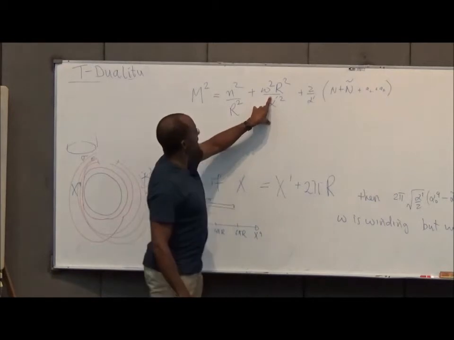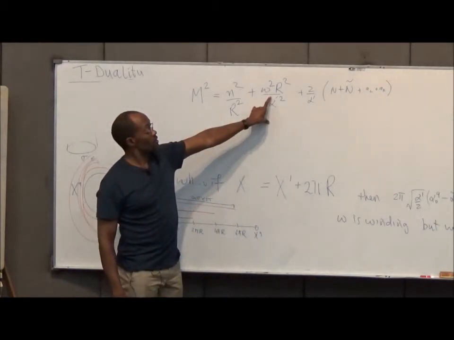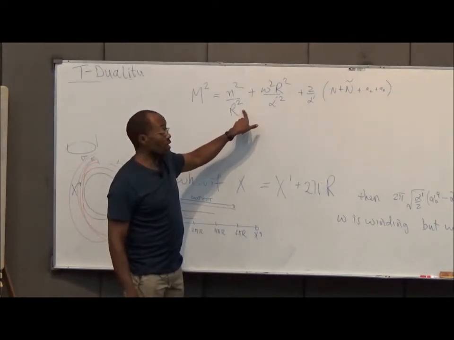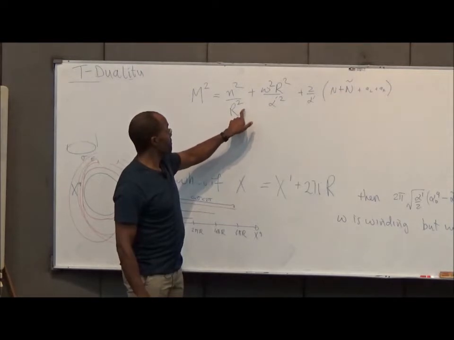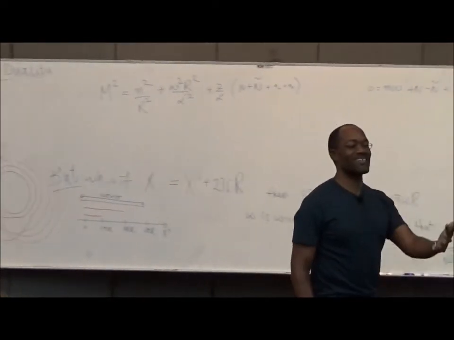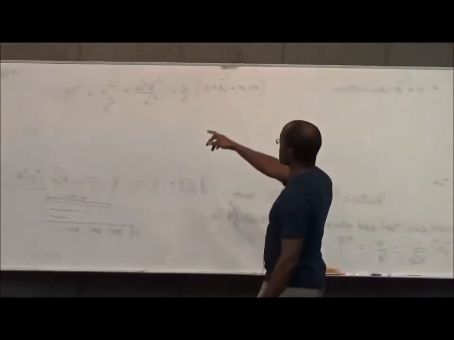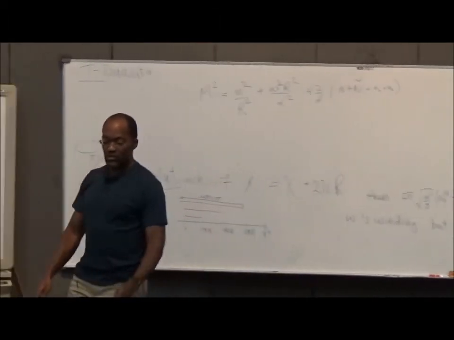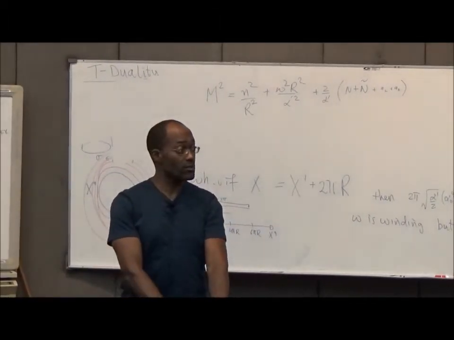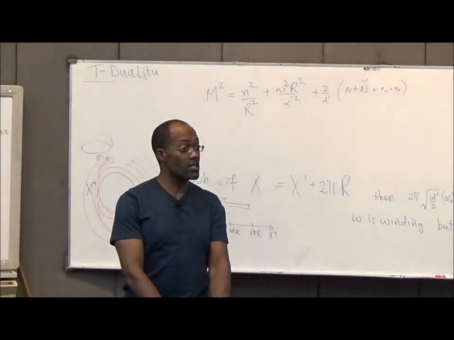And interestingly, they get more massive the larger the circle is. So they do the opposite behavior from the Kaluza-Klein modes. And that makes sense, right? Because the string has tension, 1 over alpha prime. Okay? So if you take a string and you wind it around a large circle, the larger the circle is, the more energy is in that state.